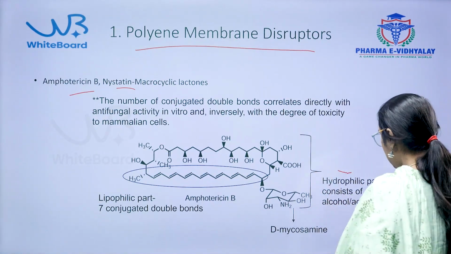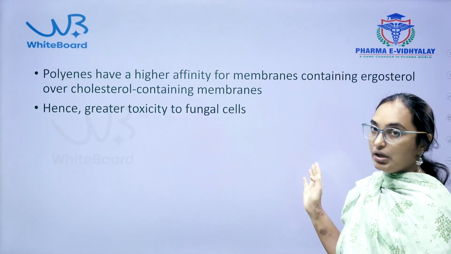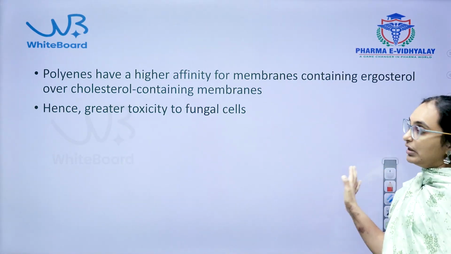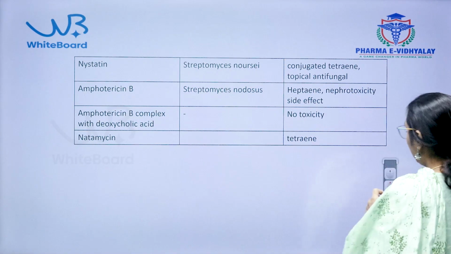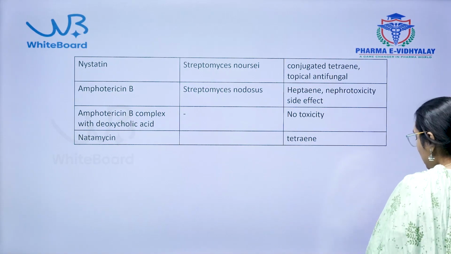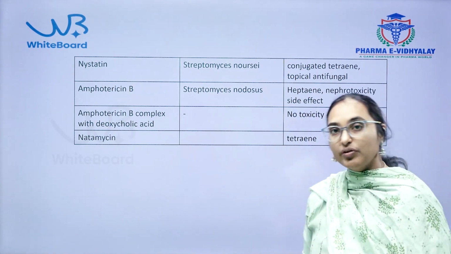Just now we discussed the mechanism of action: it disrupts the ergosterol membrane of fungi. Nystatin is also like amphotericin, having a higher affinity for the ergosterol membrane of the fungus.